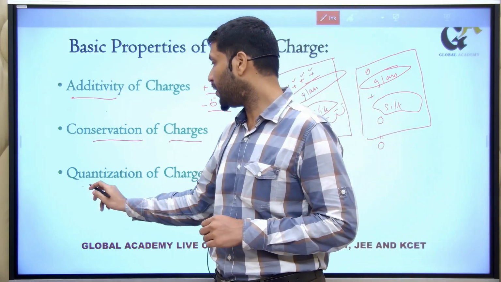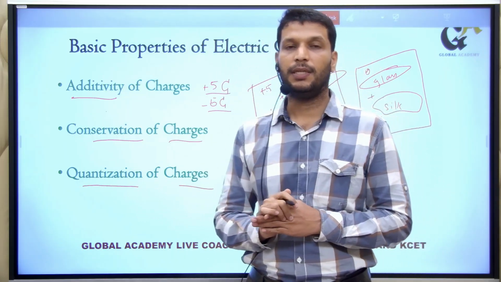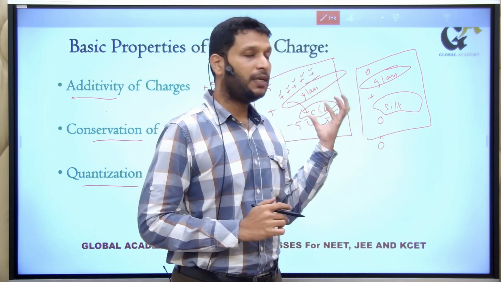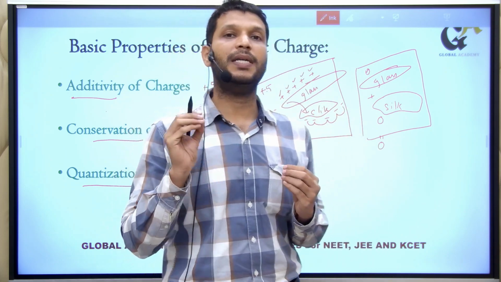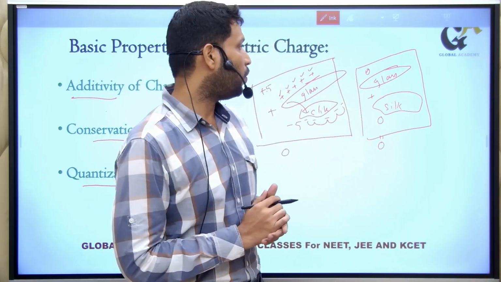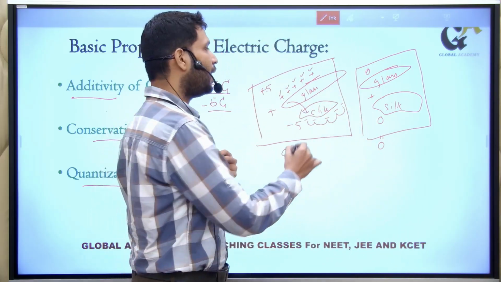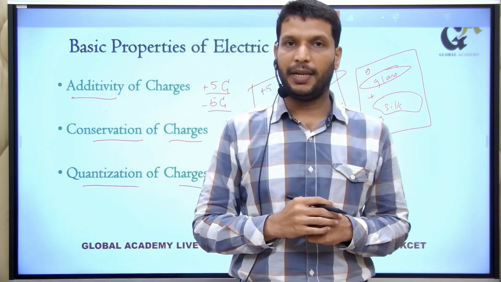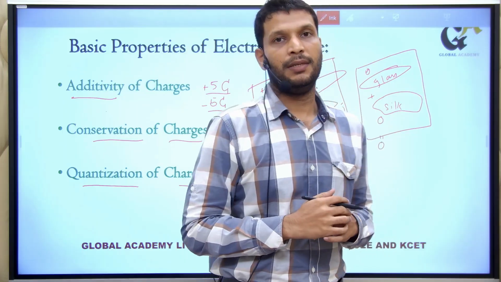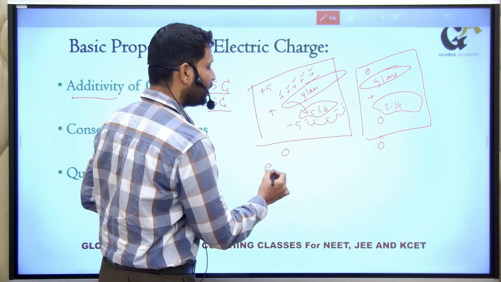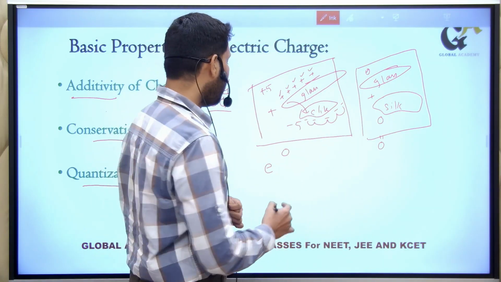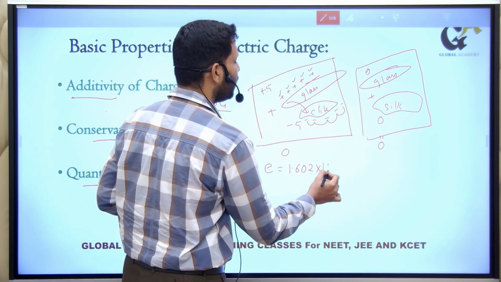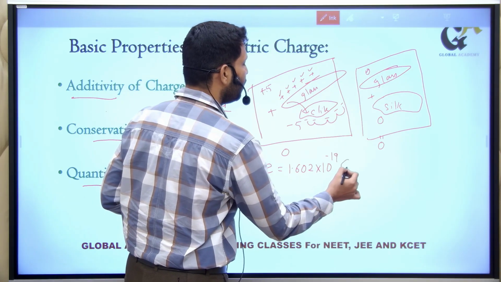Now let us look at the quantization of charges. Quantization means multiple amounts. When you consider the total charge on the whole body, it is a multiple of one elementary charge, that is plus e or minus e. The elementary charge is represented by the symbol e, and its value is 1.602 into 10 to the power minus 19 coulomb.